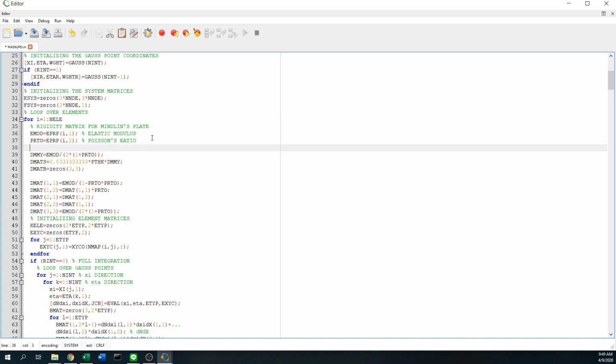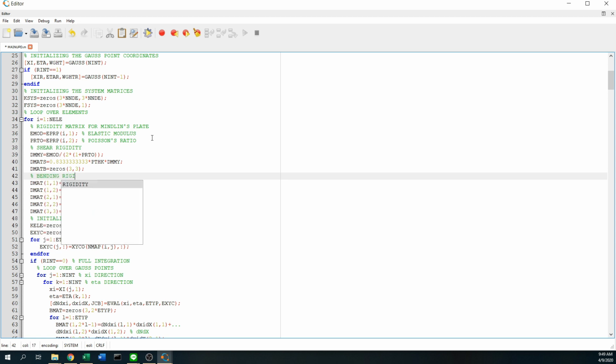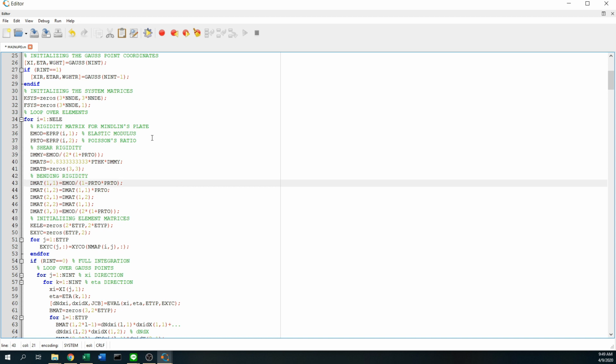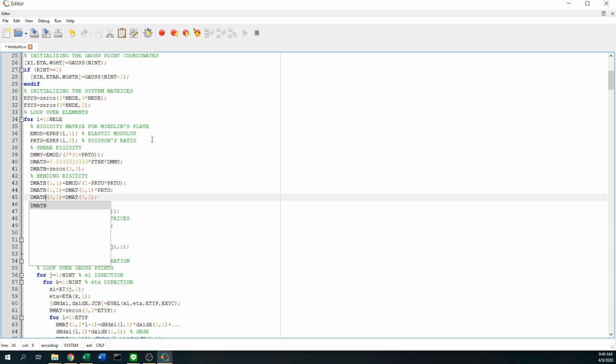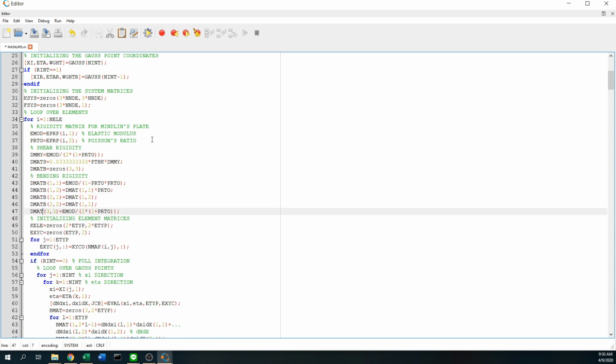Elastic modulus, and then this part is shear part, shear rigidity going on, and then bending rigidity, and your DMAT B. These things are not going to be used.